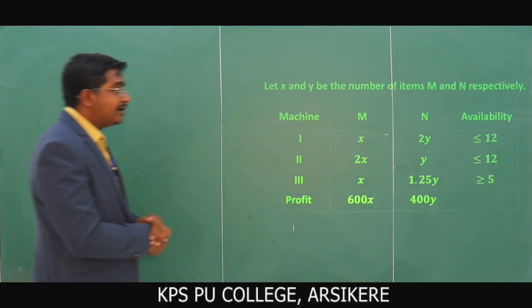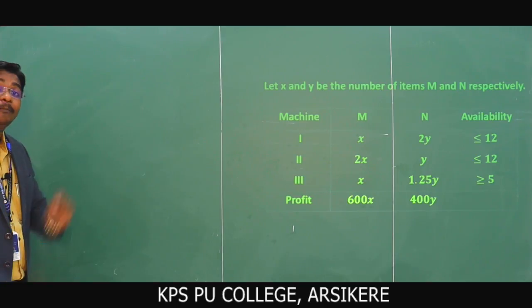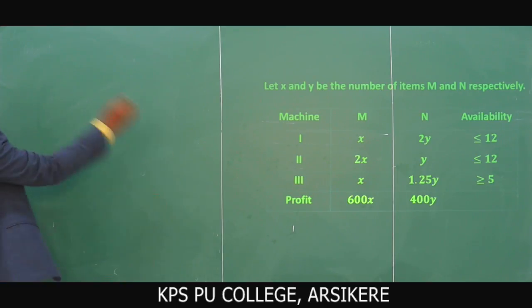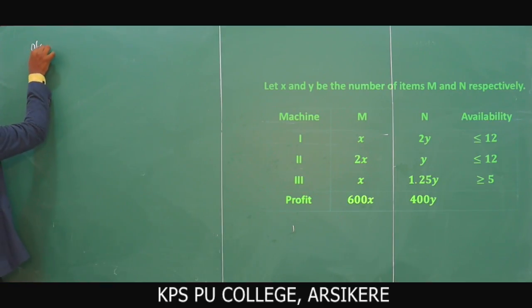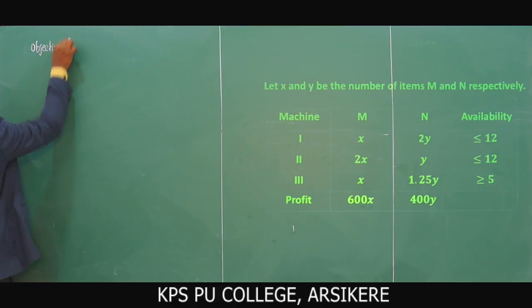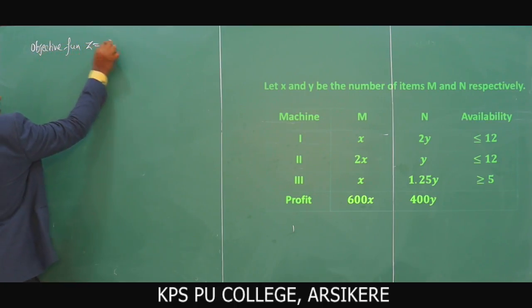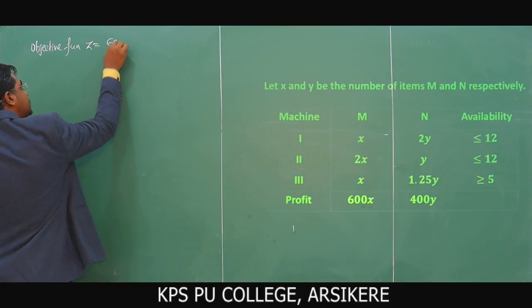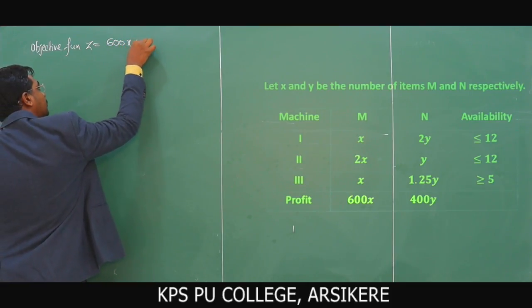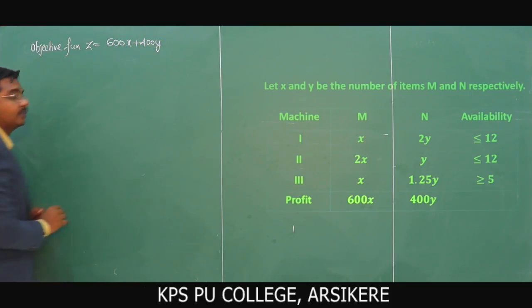So what is the objective function here? We need to maximize the profit, right? Objective function z is equal to 600x plus 400y. We need to maximize this objective function.